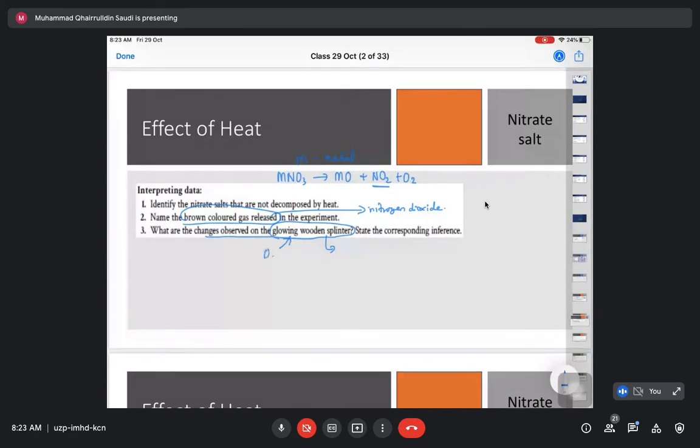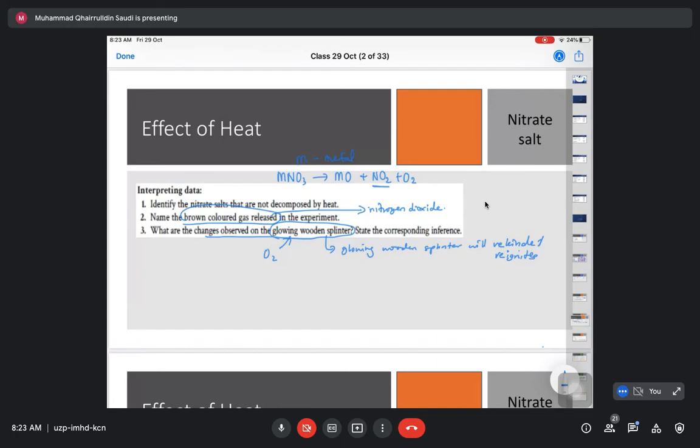So bila oksigen, apa kita punya observation? The glowing wooden splinter will rekindle ataupun reignite. Kan dah cakap tadi.